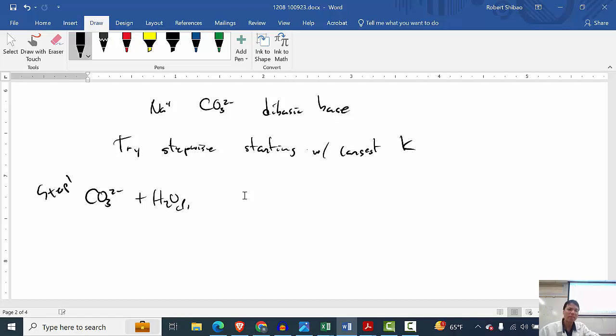So this is going to be my step 1. And this is going to produce bicarbonate and hydroxide. And we'll need our Kb for carbonate, which is Kb1 for carbonate.